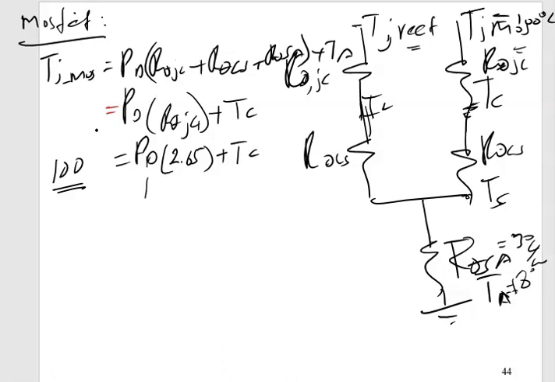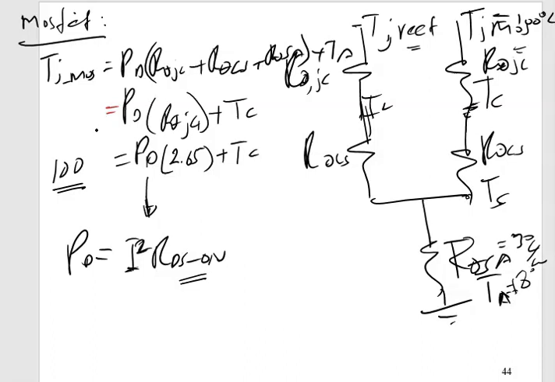Now we have to take a look at how much our PD is. PD is equal to I squared RDS on. We actually have two losses for a converter, which are conduction loss and switching loss.